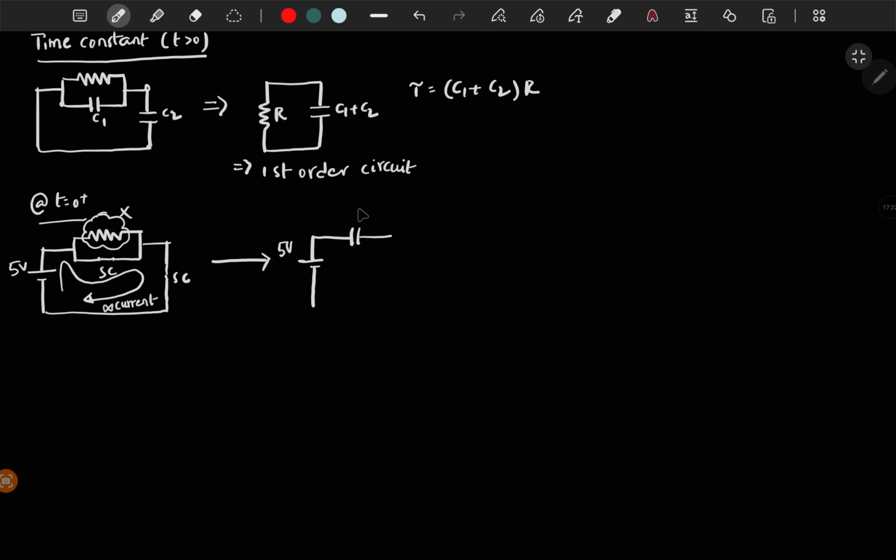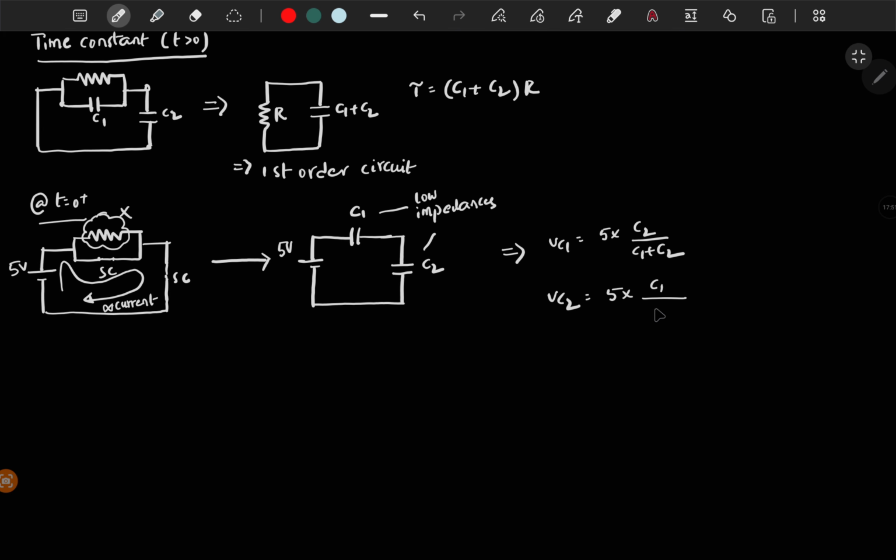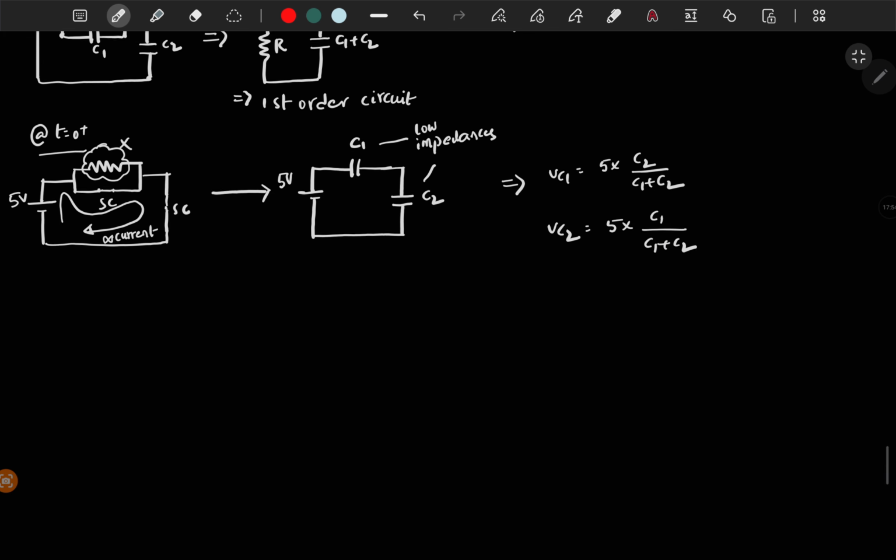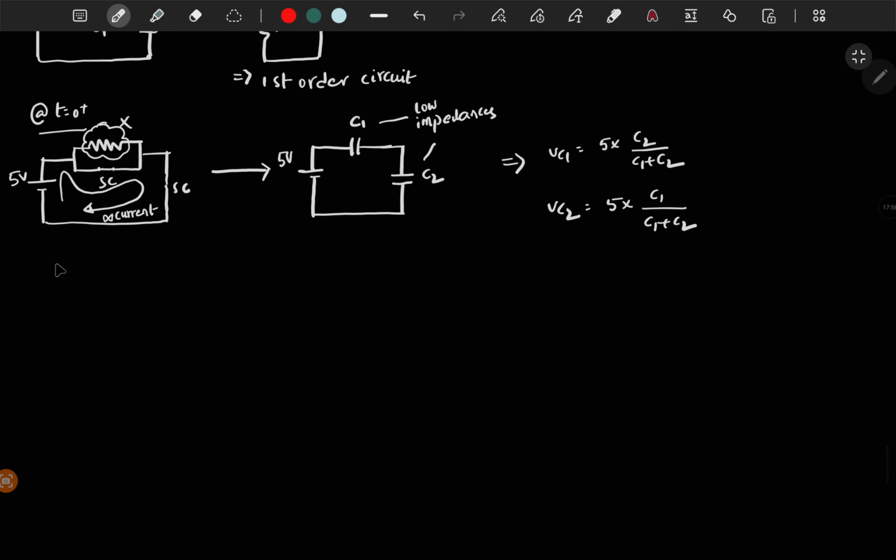So you can directly write with a capacitor and you can ignore the resistor, and this is C2. So these two are low impedances. VC1 is 5 times C2 by C1 plus C2, and VC2 is 5 times C1 by C1 plus C2. That is at t is equal to 0 plus.